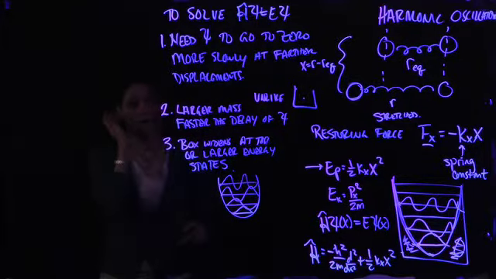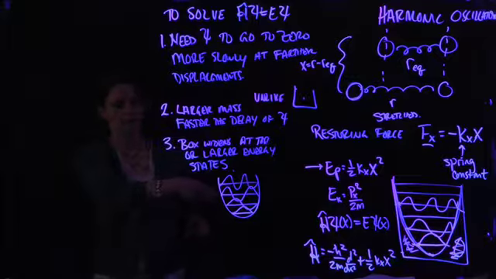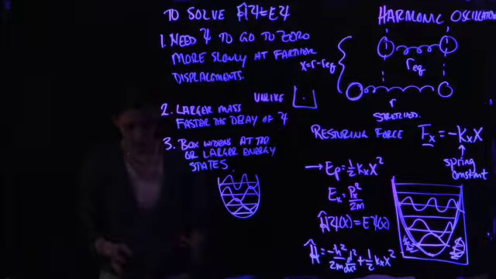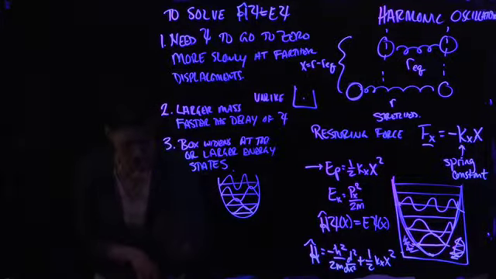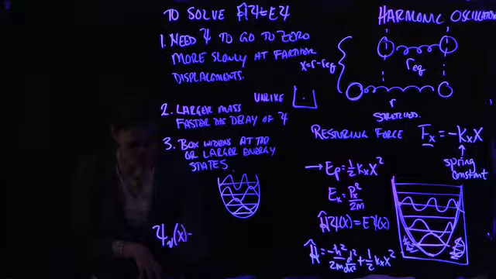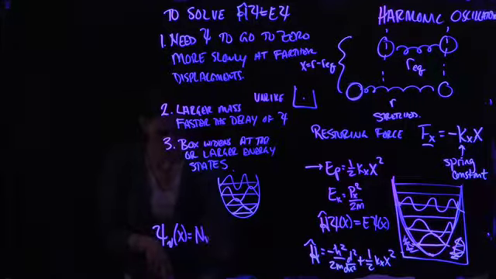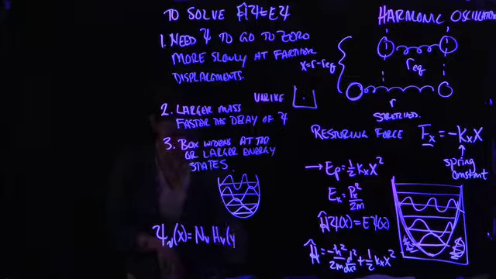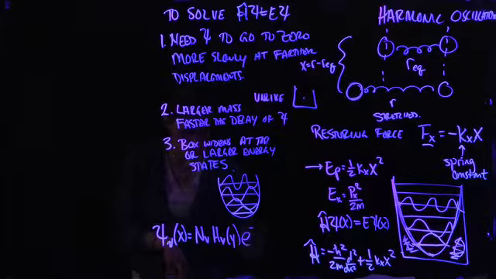Okay, so what on earth kind of wave function can we find that'll give us all of these conditions? Well, here it is. ψ_v(x) is equal to N_v times a polynomial function H_v, which is a function of y, times e to the minus y squared over 2.